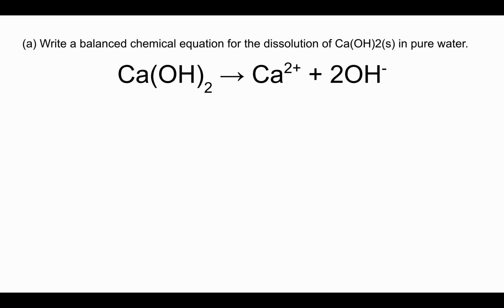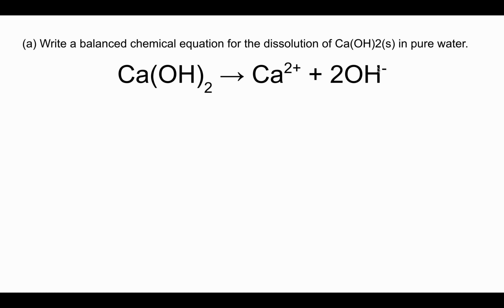Additionally, we can see that in the reactants, there is 1 calcium and there are 2 hydroxide ions. So there will be 1 calcium in the products and 2 hydroxide ions in the products. Hopefully that's pretty straightforward for you guys.